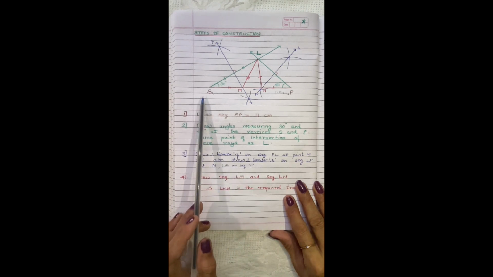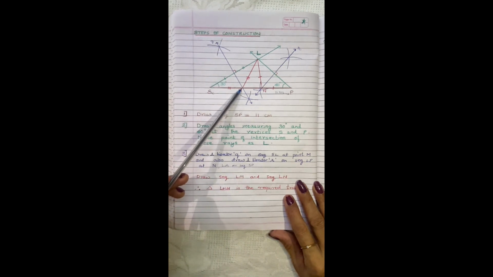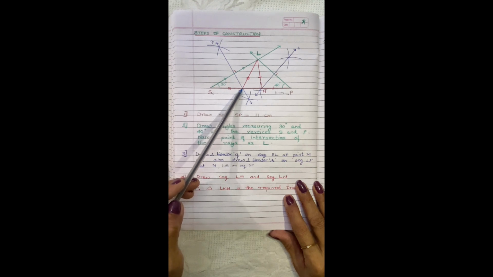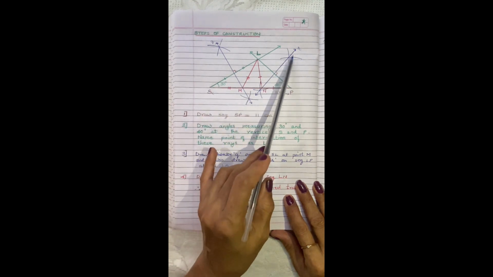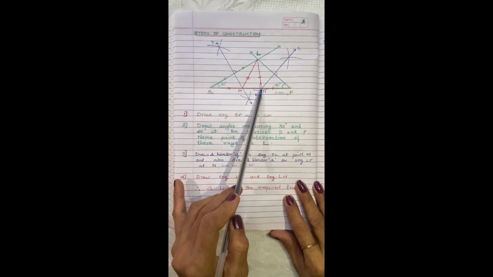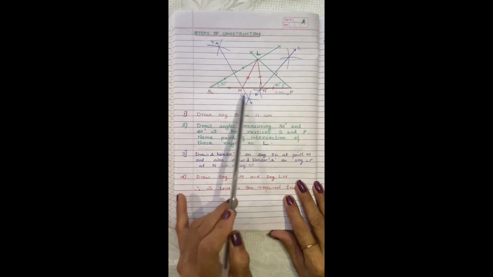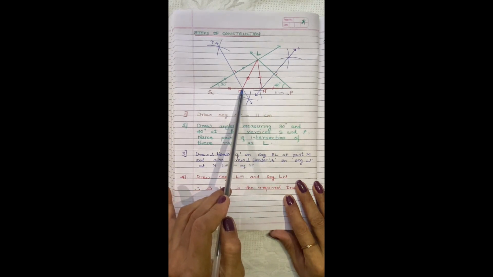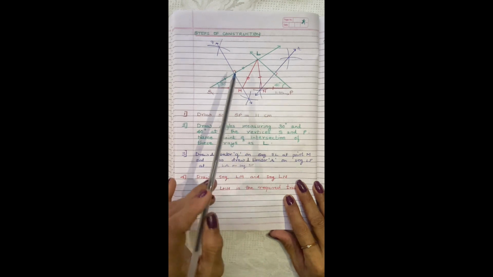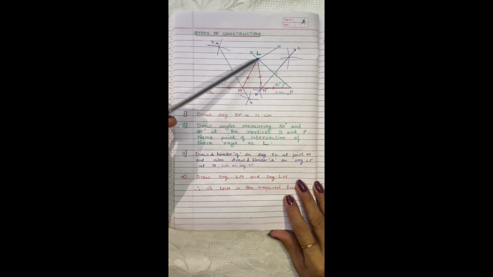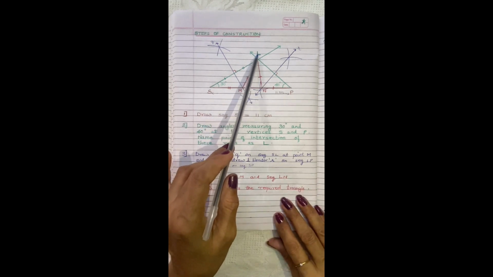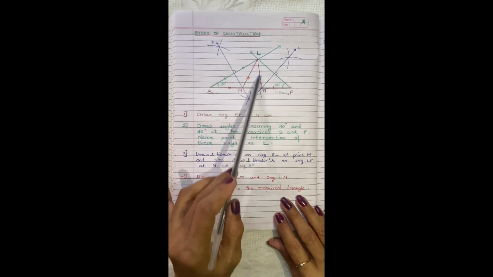These perpendicular bisectors meet on side SP, and this one meets here on side SP again. We'll name this point M and this point N, and then we will draw segments LM and LN. So this triangle LMN is the required triangle.